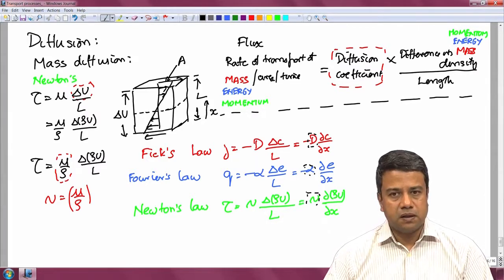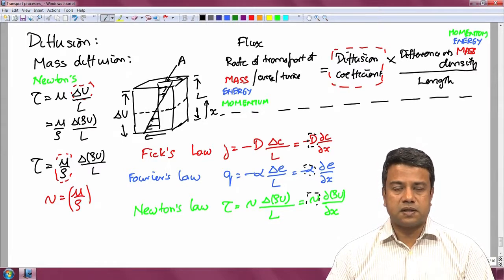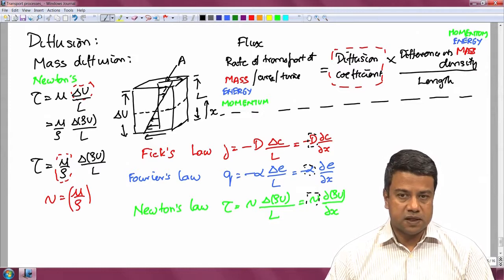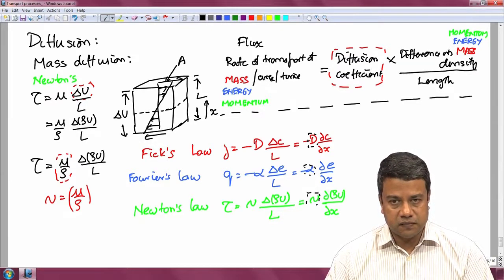Now, when we do dimensional analysis, if we want to find out what is the dominant mechanism of transport, we have to find out the ratio of convection and diffusion.